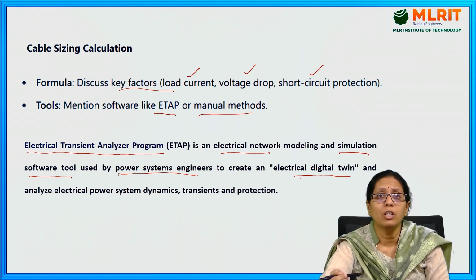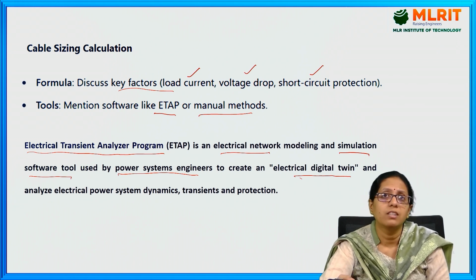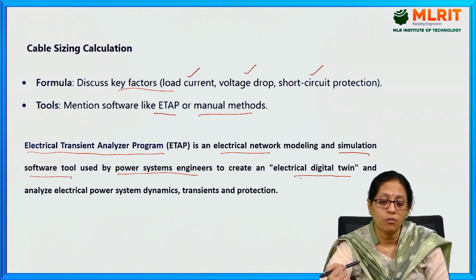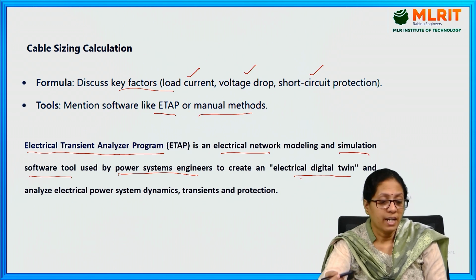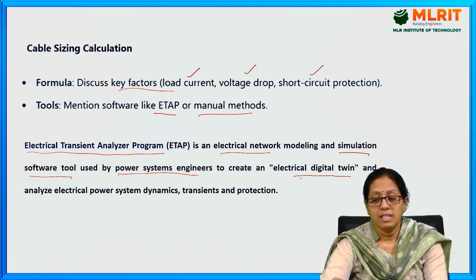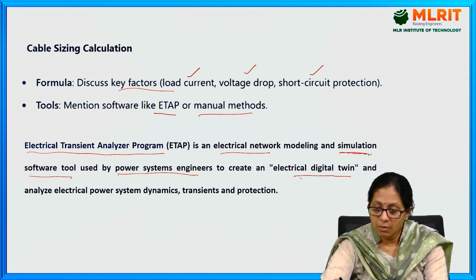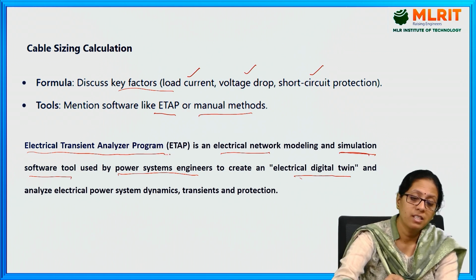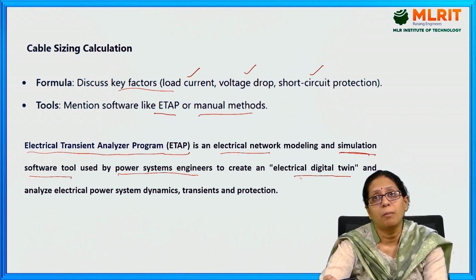Electrical digital twin means the electronic devices as well as the electrical devices, and the connections between those different types of cables and connections are designed or simulated, and if any fault occurs, the calculation part is done in this ETAP network.